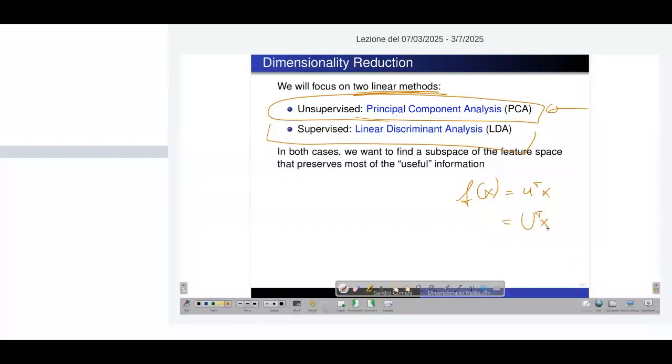So I may use the word projection even if it's not 100% correct wording for LDA, but in any case, it's a linear transformation of the data where this linear mapping will be a real projection for PCA and a more general linear transformation for LDA. In this sense, these are linear methods, because this is taking a vector and multiplying it by a matrix, it's a linear operator. Matrix multiplication by A is a linear operator.